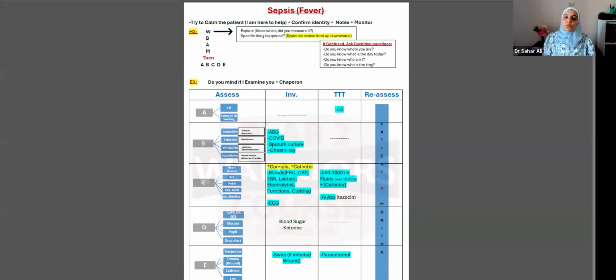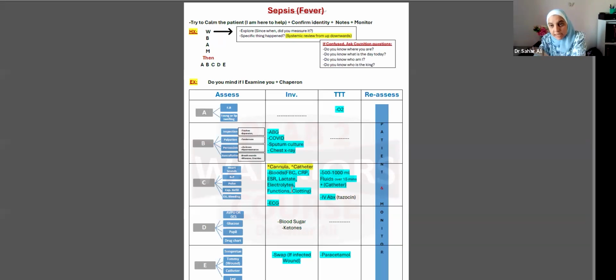Then you insert 2 wide bore cannulas to the patient, take bloods. What are you going to ask for? Full blood count, CRP, ESR, lactate, electrolytes, and kidney and liver function tests and clotting profile. Okay, these are the bloods that you need to take in sepsis.